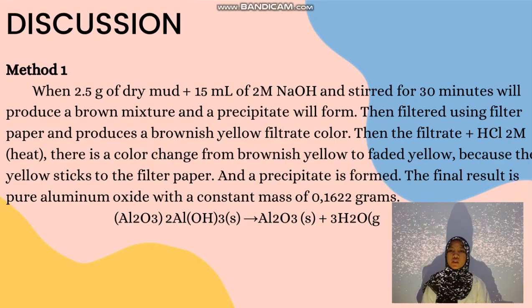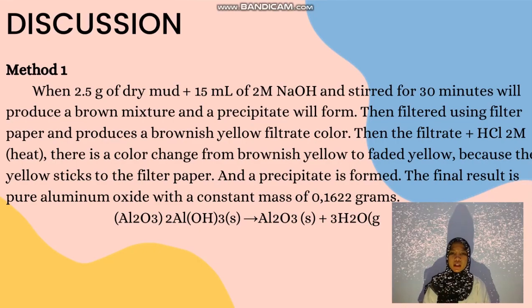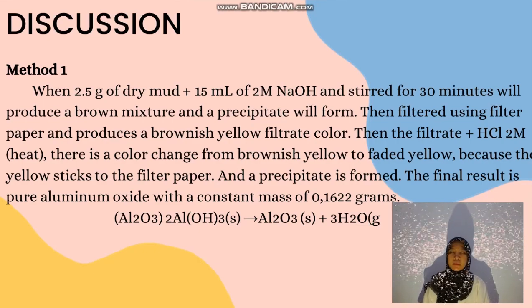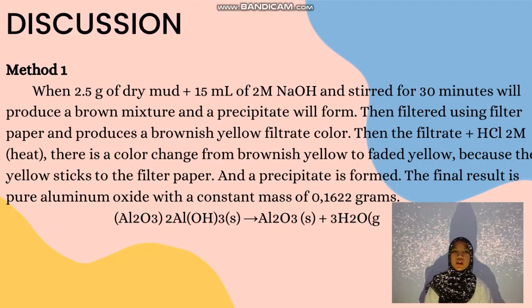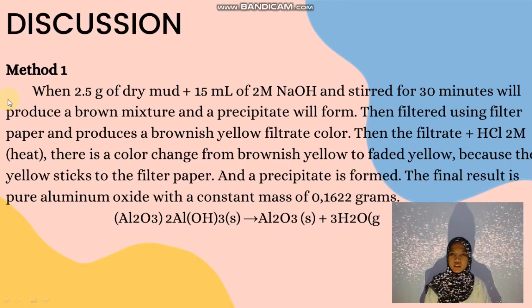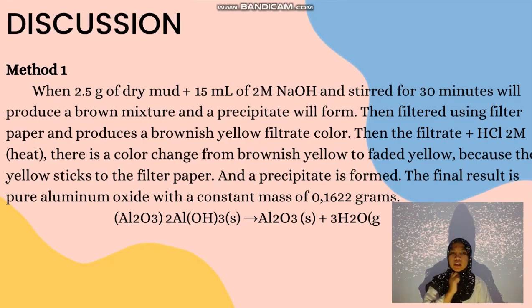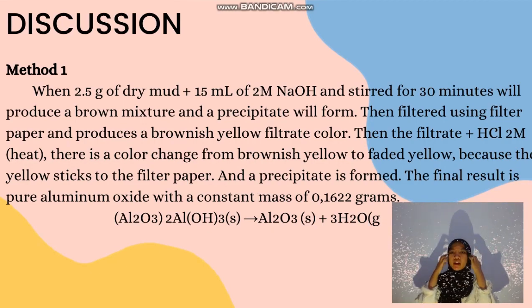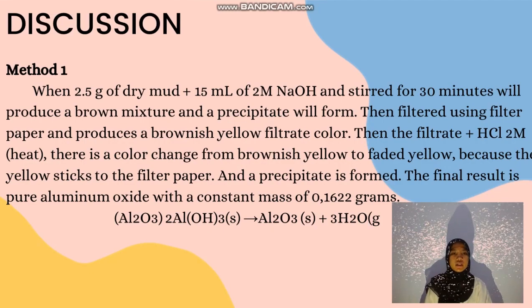Next, when 2.5 grams of dry mud plus 15 ml of 2M NaOH is stirred for 30 minutes, it will produce a brown mixture and a precipitate will form. Then filter it using filter paper to produce a brownish yellow filtrate. Then add 2M HCl to the filtrate.